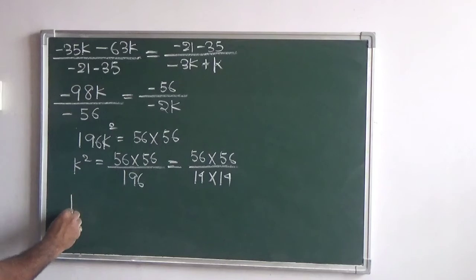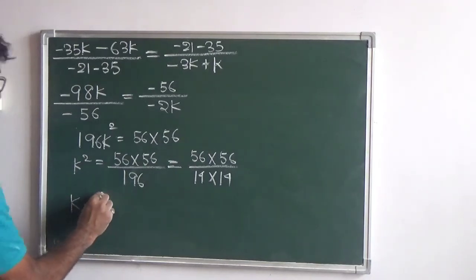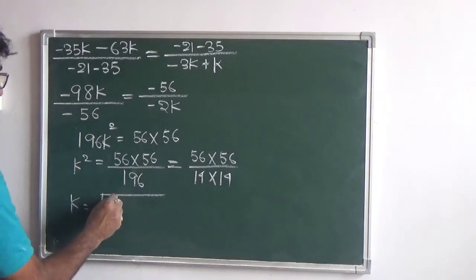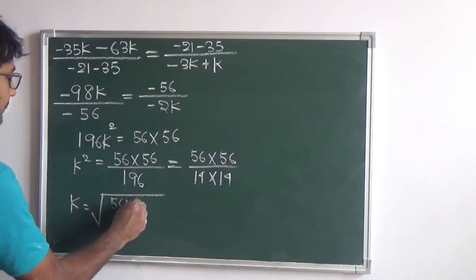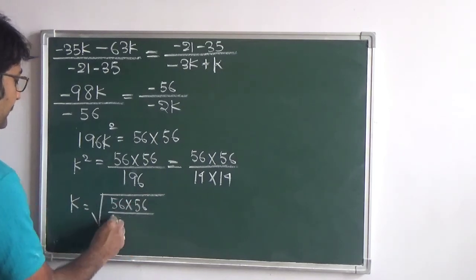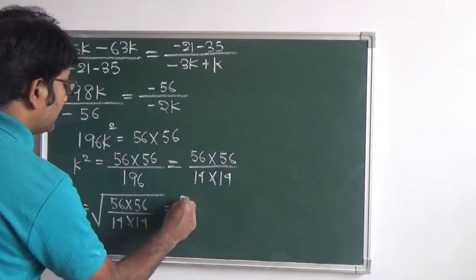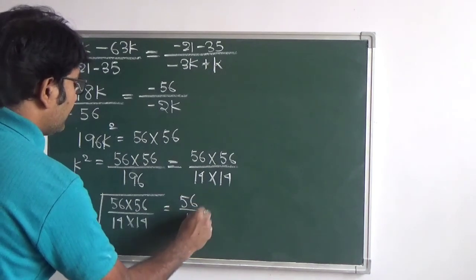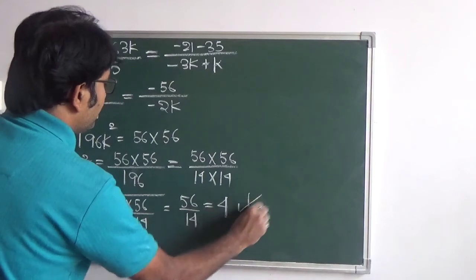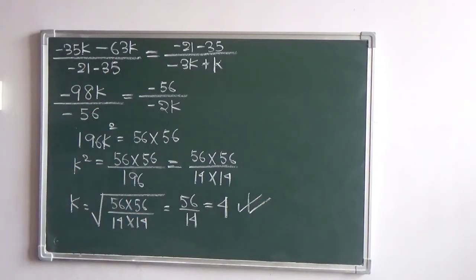So k will be the square root of this, 56 by 14, which equals 4. So the final answer is 4.